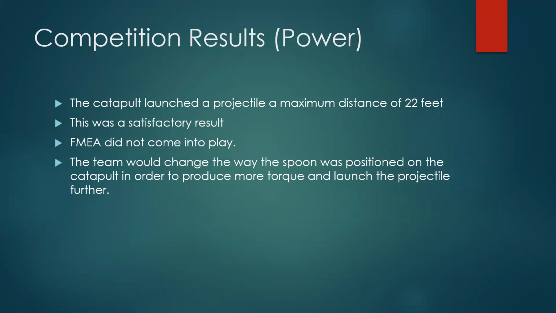Our FMEA did not come into play, and if we could do this again, we would change the way the spoon was positioned on the catapult in order to produce more torque and launch the projectile further. Next slide.